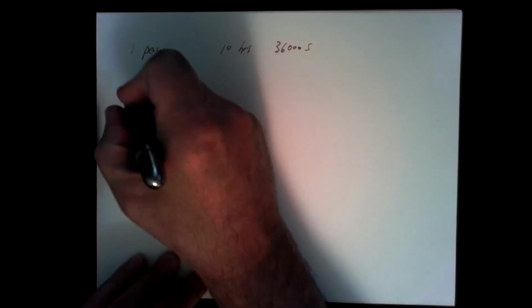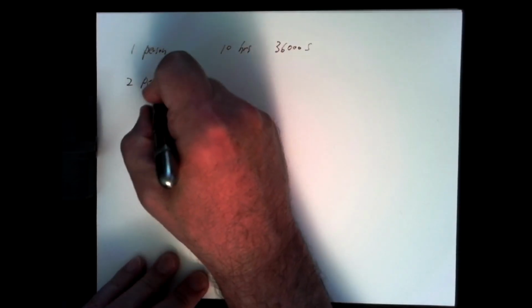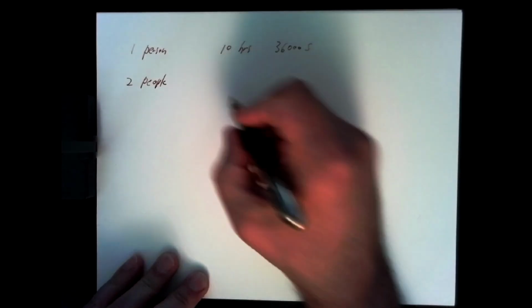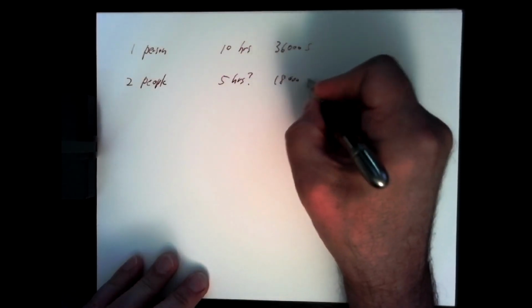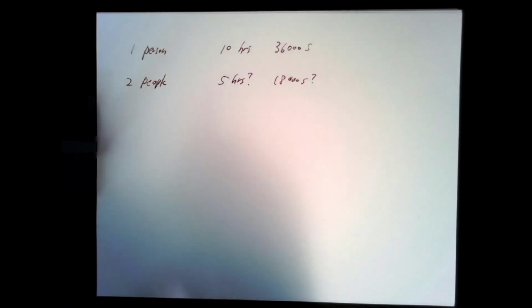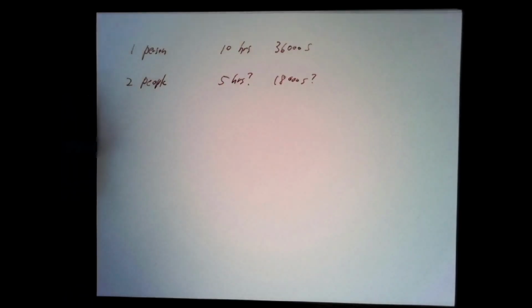And so maybe you get a friend and you think, we'll have two people and maybe we can do this in 5 hours, which is 18,000 seconds. And that probably works, especially if you have two rollers and two sets of drop cloths and two pans, and each person can be kind of doing their own thing.